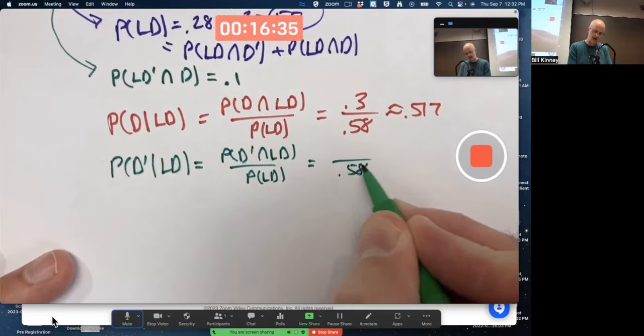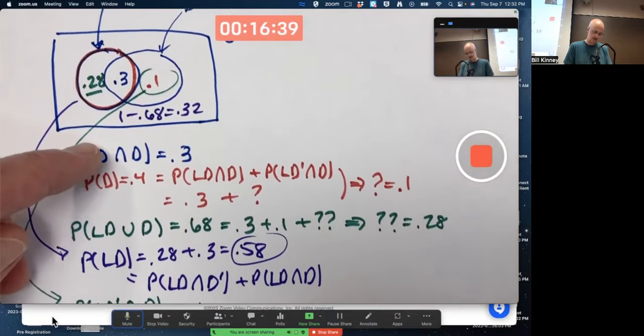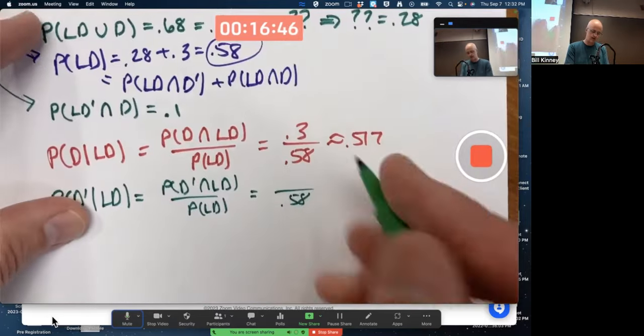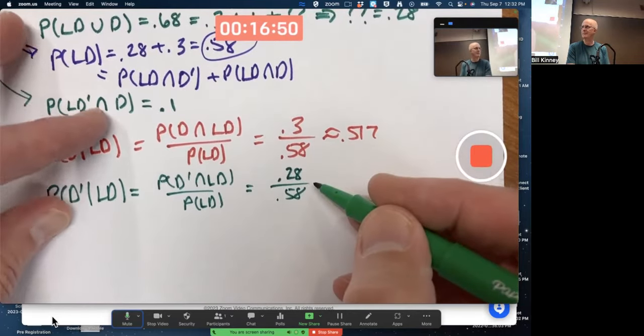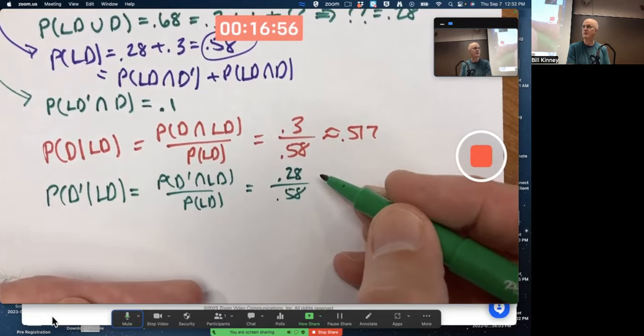we still have a 0.58 on the bottom. Go back up here. We're in D prime, but it's still an LD. It's the 0.28 up on top. And those two fractions do add up to 1, right? They have the same denominator. You would add the numerators, 0.3 plus 0.28 is 0.58.